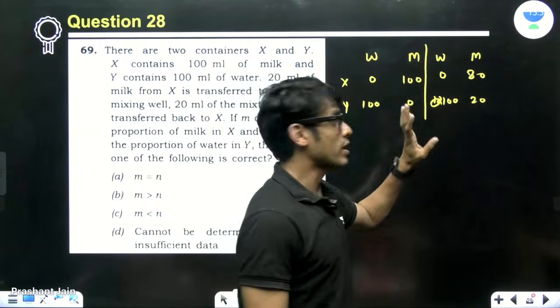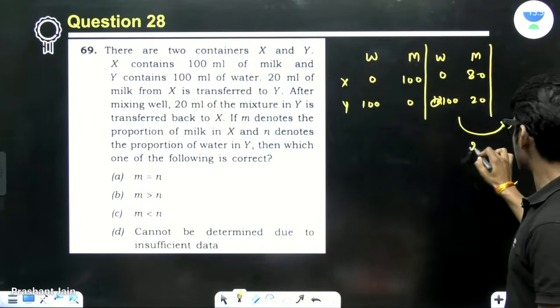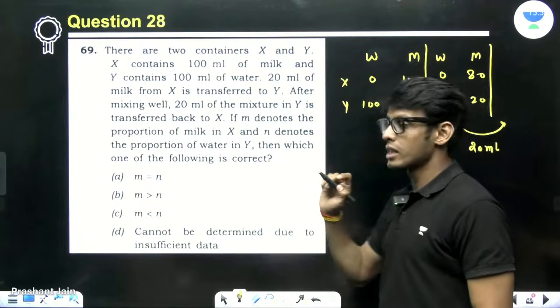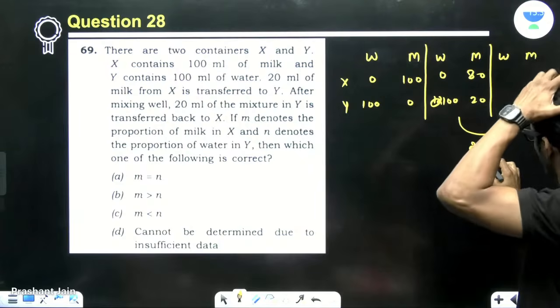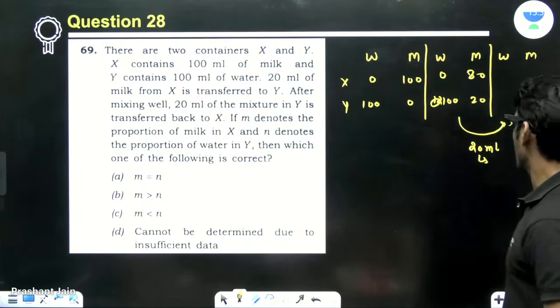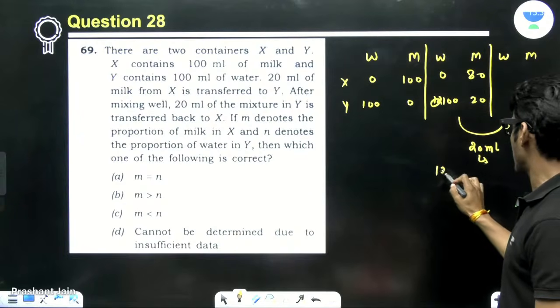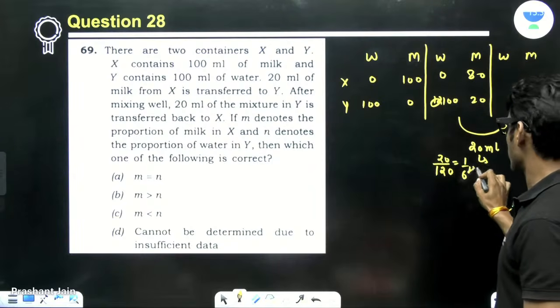So when we transfer 20 ml of the mixture in Y to X, out of the 120 ml, 20 ml is transferred, so 1/6 of the liquid is transferred.